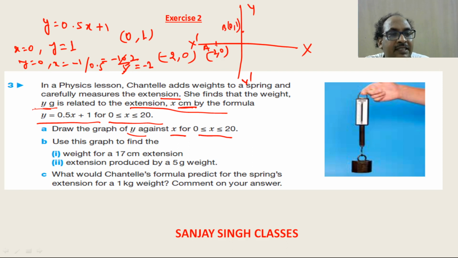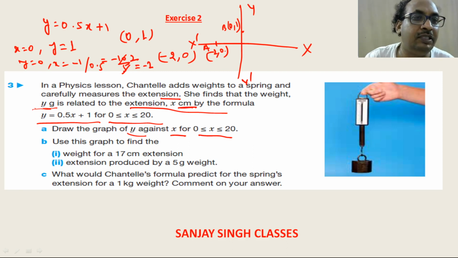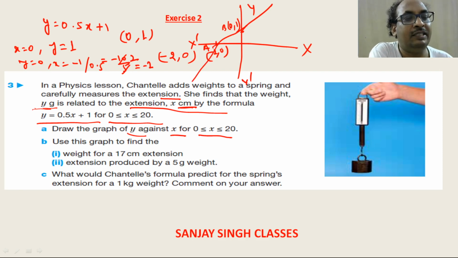On the y axis x will be 0, on the x axis y will be 0. We will join these 2 points. It will be a straight line. Please do not say that it is not a straight line. Here I am drawing just an approximate graph. So this is the graph for y is equal to 0.5x plus 1.